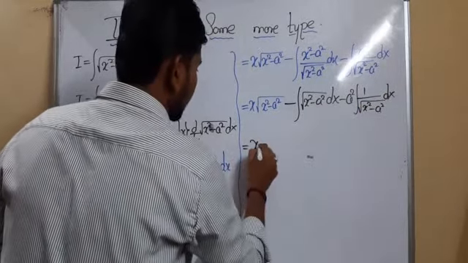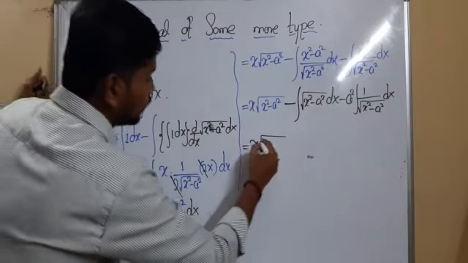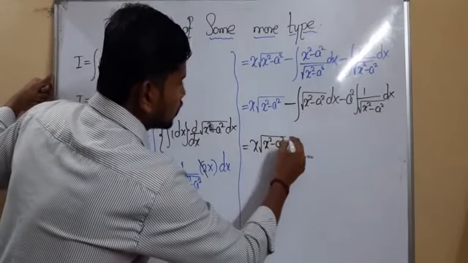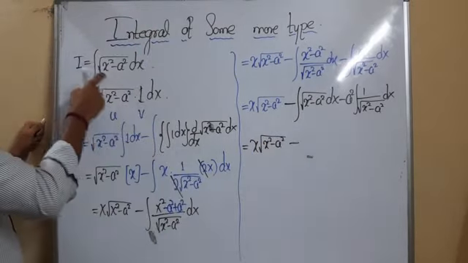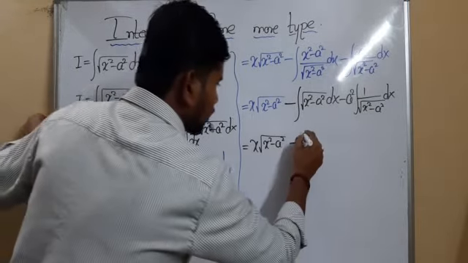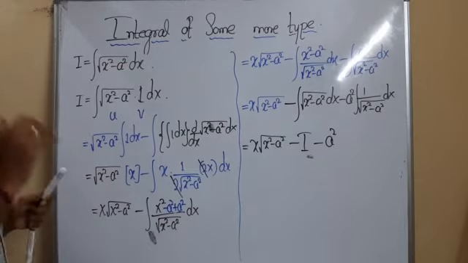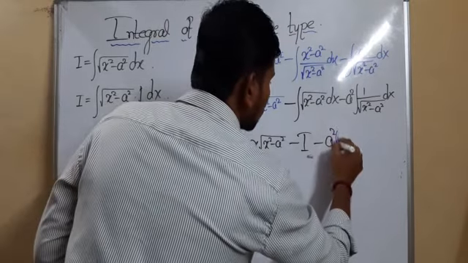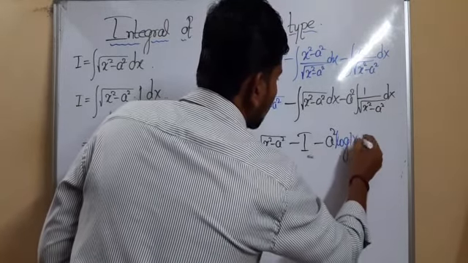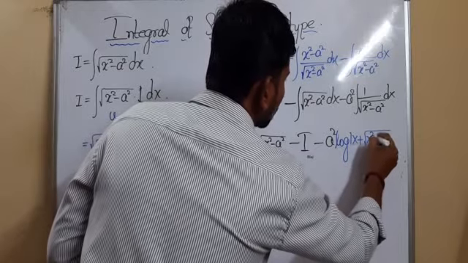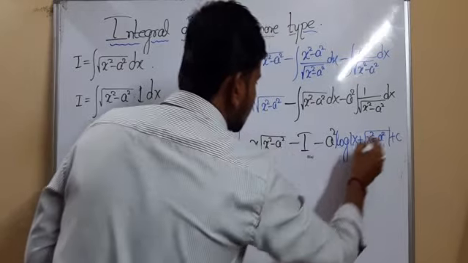The next step will be x square root of x square minus a square minus, this is nothing but the given integral I, so I write I minus a square. What is integral of 1 divided by square root of x square minus a square? It is nothing but log modulus of x plus square root of x square minus a square plus c.